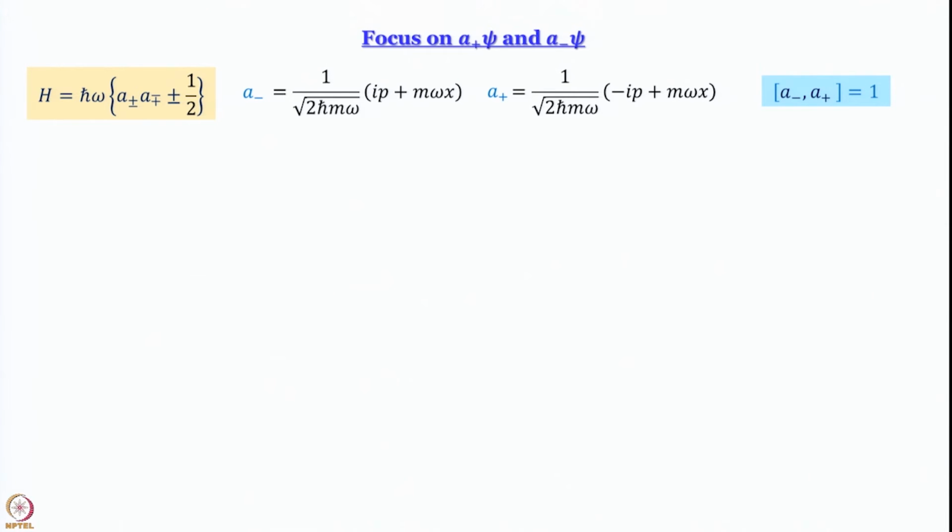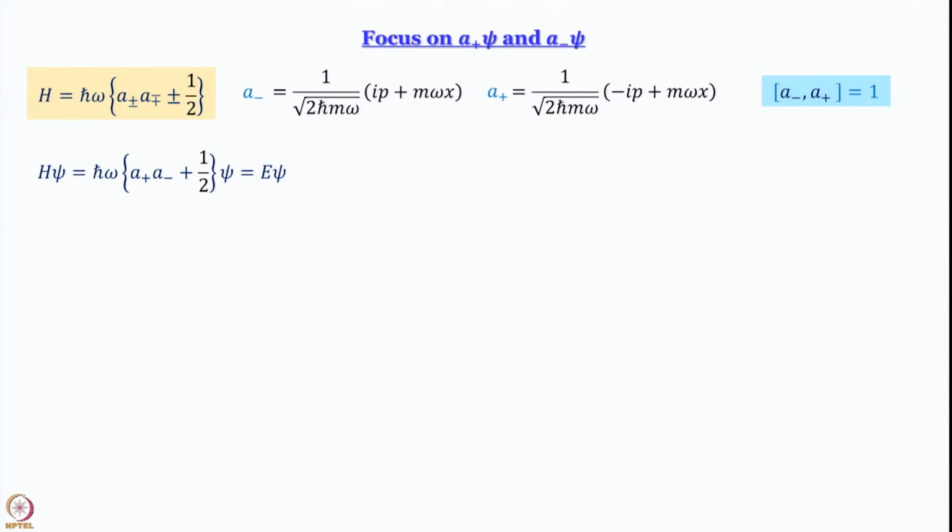Now, let us try to see what happens when a₊ operates on psi and I will ask you to work out what happens when a₋ operates on psi. Okay? And when we do that then we will finally understand why these are called ladder operators. Here goes.